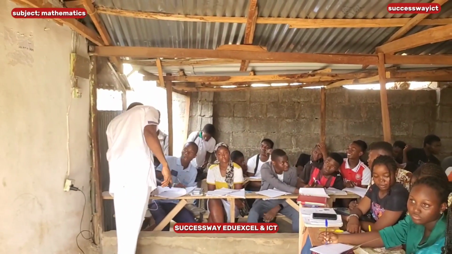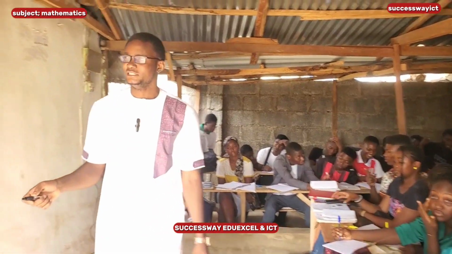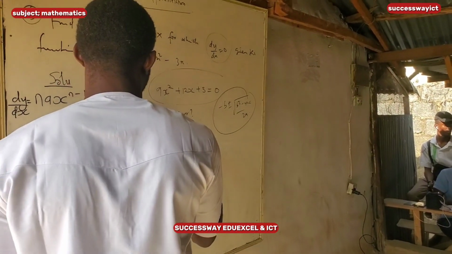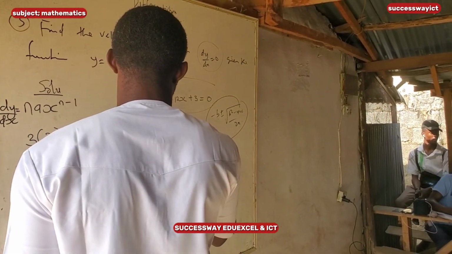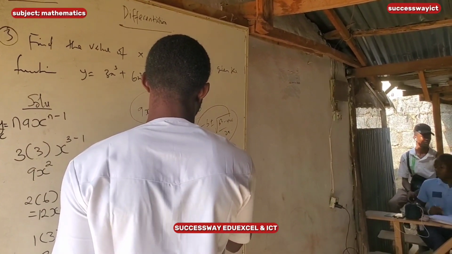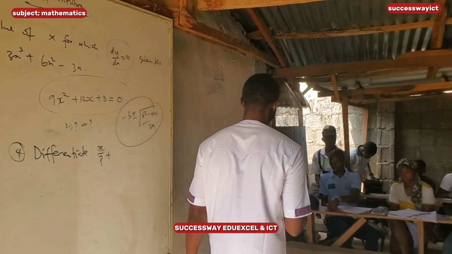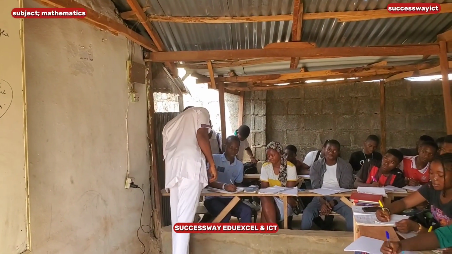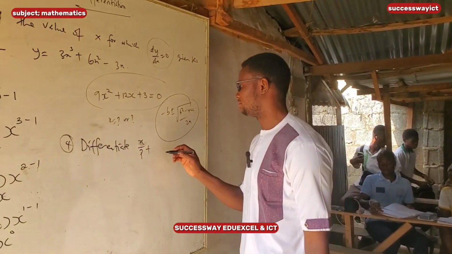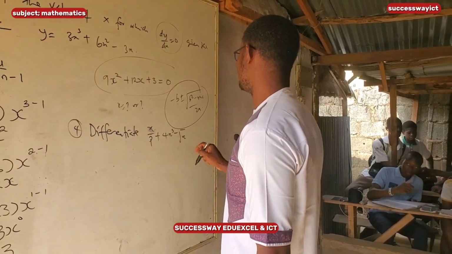So quickly differentiate x over p plus 4x cubed minus square root of x.